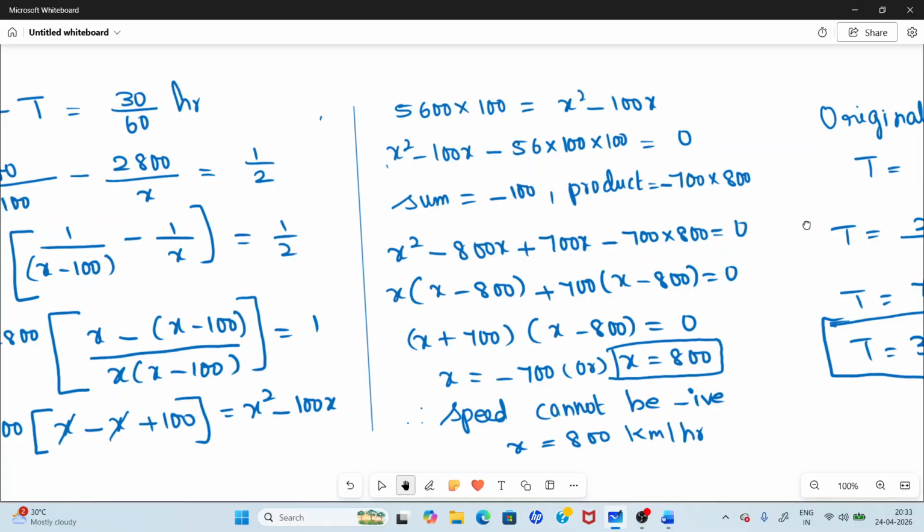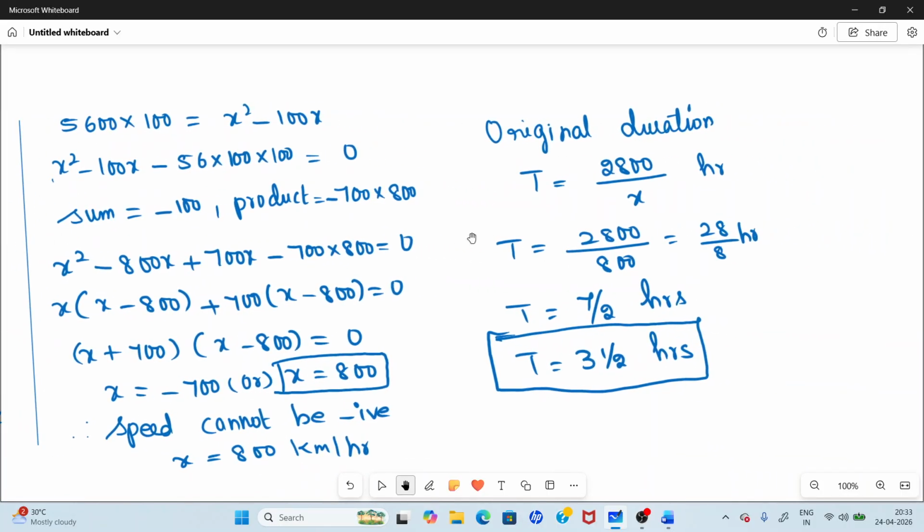So the original duration t equal to 2800, the distance traveled by original speed 800 kilometer per hour. So t equal to 3.5 hours or 3 1/2 hours. So hence we got the final answer. Okay, thank you.